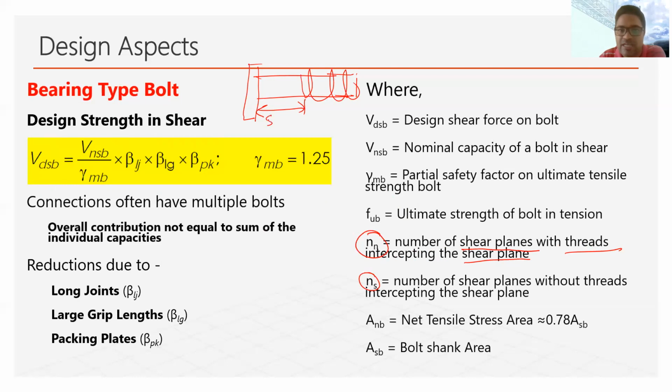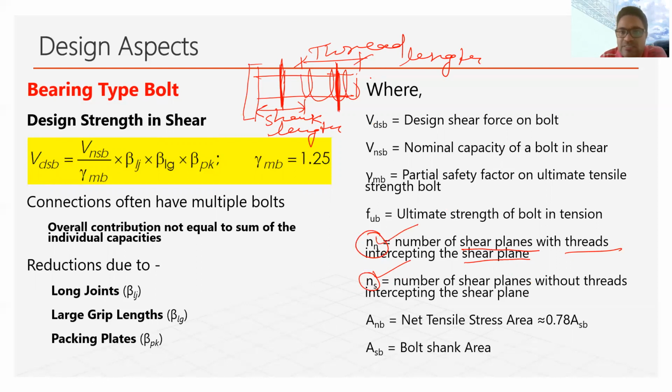So this is the shank length, and this is the thread length. If the shear plane lies in the shank, then we will use NS. If the shear plane lies in the threads, then we will use NN.